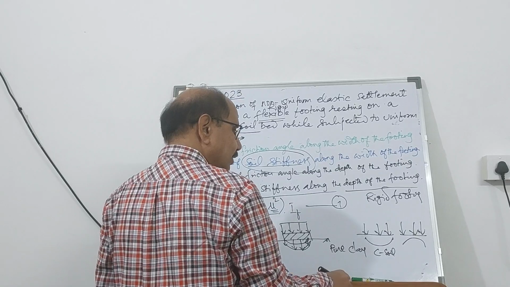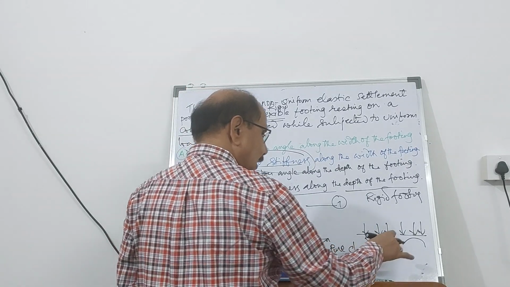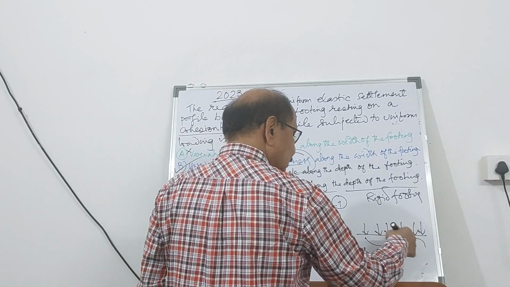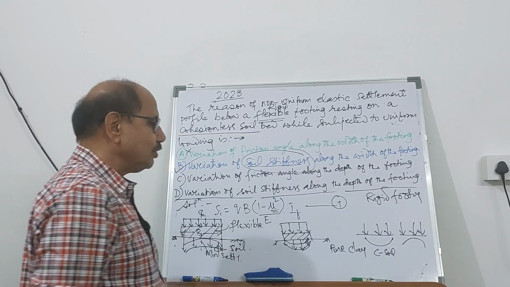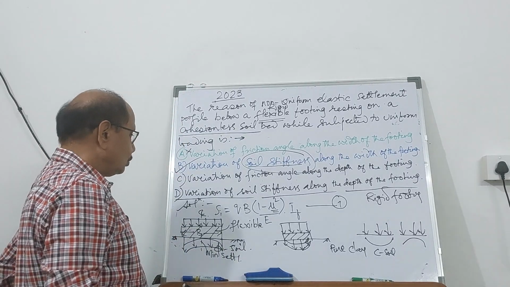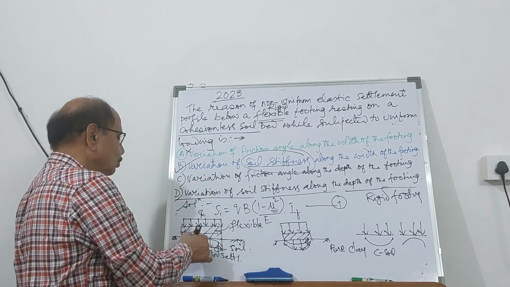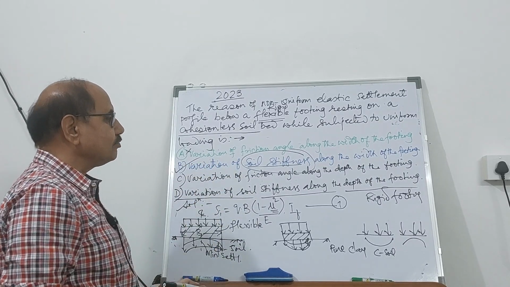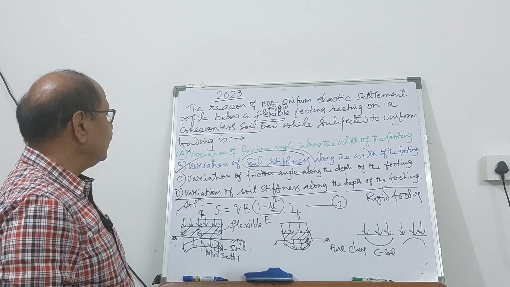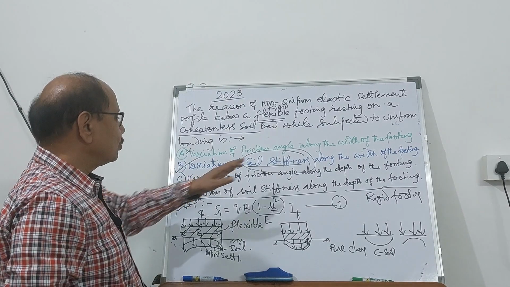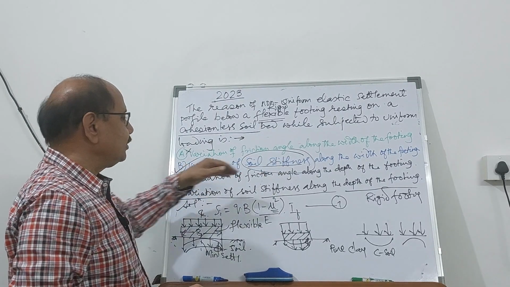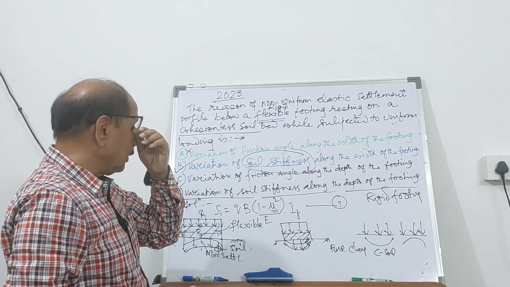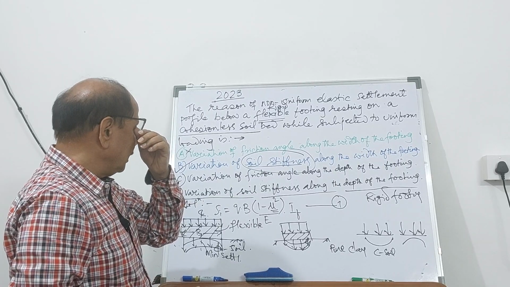It will not bend like a flexible footing. And it is going to be just opposite of this. So here the answer to this question has been explained: variation of soil stiffness along the width of the footing. So soil stiffness is going to change along the width of the footing. So it is going to vary.